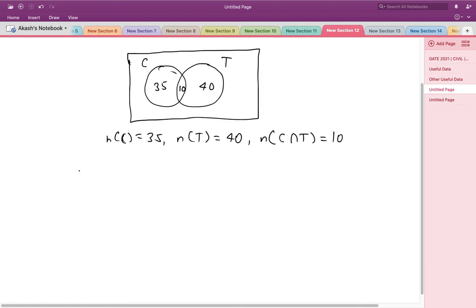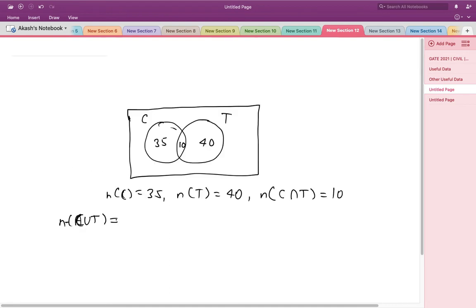So basically I have to find n of C union T. This will contain the total percentage of employees that drink any one or both of the beverages. It is n of C plus n of T minus n of C intersection T, which is 35 plus 40 minus 10, which gives me 65.